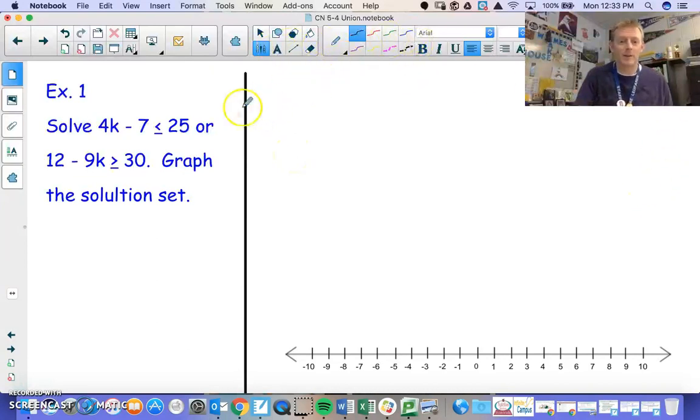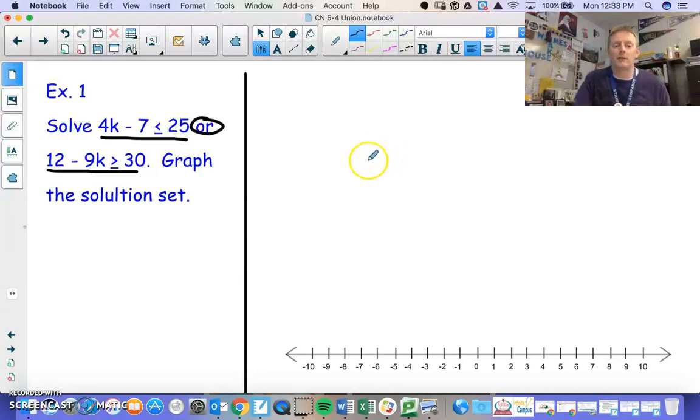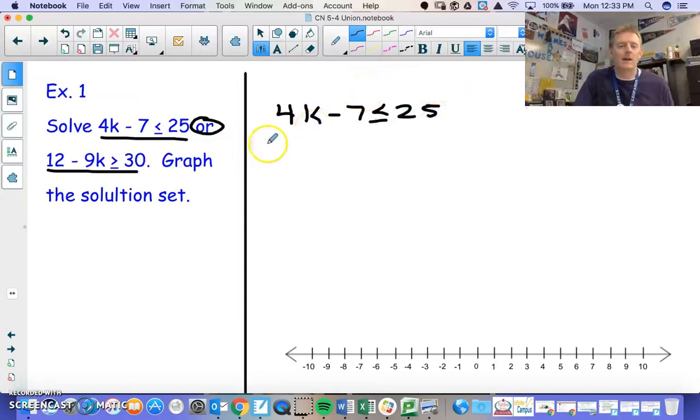That's wonderful. So what we have is two problems here separated by the word or. And that's going to be our indicator that we are looking for a union. So we have 4k minus 7 is less than or equal to 25, and we're going to solve that using our SADMAP skills. We're going to undo what's happening to the variable.